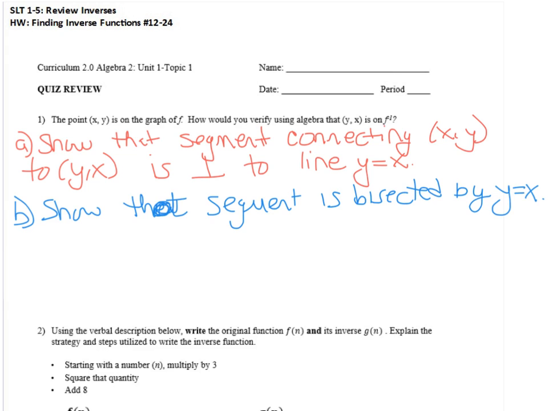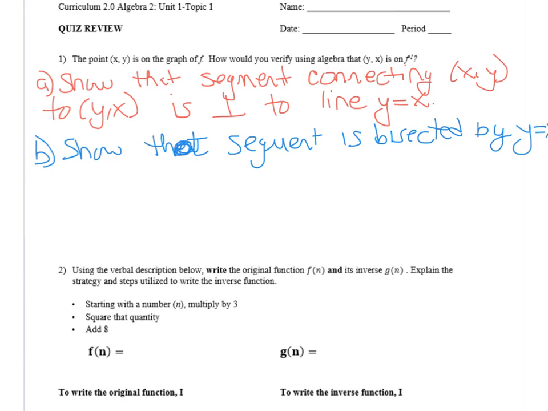And here's how we are going to do that. For perpendicular, for A, we have to show that the slopes are negative reciprocals. The slope of y equals x is 1. That's a really bad m. I know that because it's y equals mx plus b. The slope right here is 1.